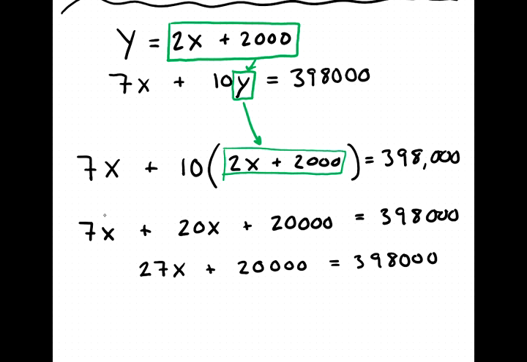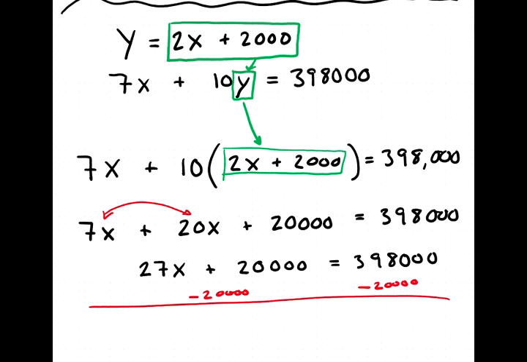Now we want to solve for x. So first we combine like terms. Now we could subtract 20,000 from both sides. We want to get x by itself. So on the left, we have 27x. The plus 20,000 and the minus 20,000 cancel. So on the right-hand side, we have now 378,000.